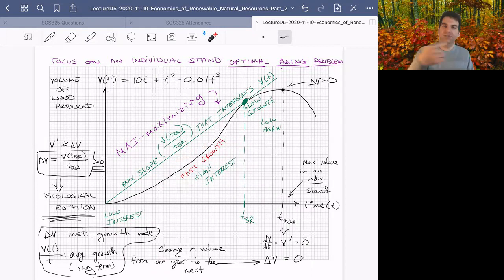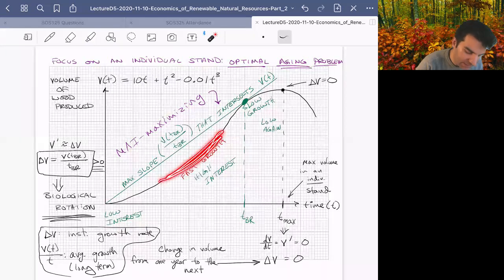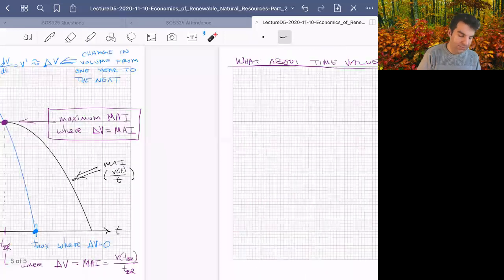Because if the interest rate I can get from a bank is actually better than the interest rate that I can get from a tree, I better cut down that tree, turn it into dollars, and put those dollars in the bank, because it'll grow faster in the bank than it will as a tree. That's the type of decision making we're modeling. So we need to compare this growth rate with the growth rate that you would get at a bank. And so how do we do that?